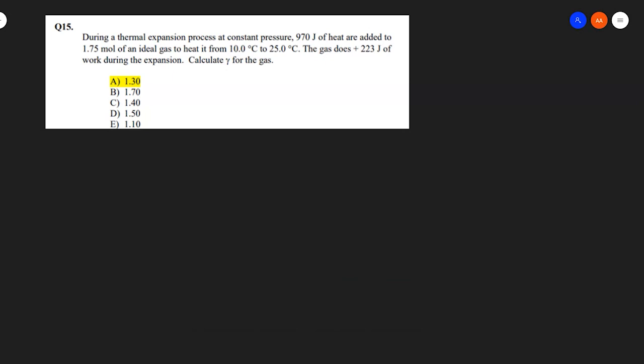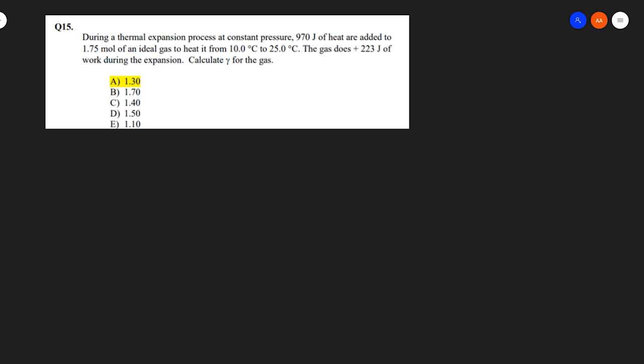Okay, so here: during a thermal expansion process at constant pressure, 970 joule of heat are added to 1.75 mole of an ideal gas to heat it from 10 degree to 25 degree. The gas does plus 223 joule of work during the expansion. Calculate gamma. Okay, so be careful.